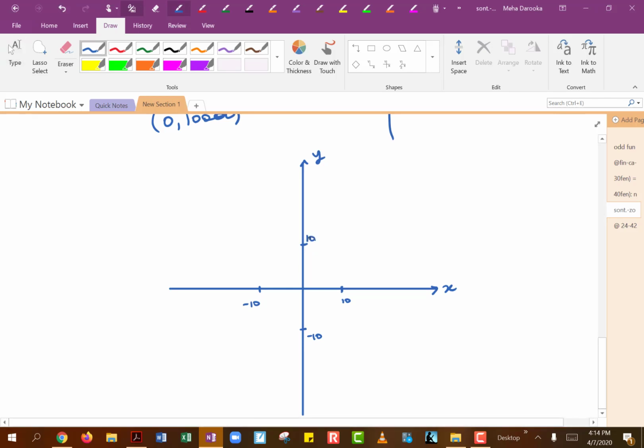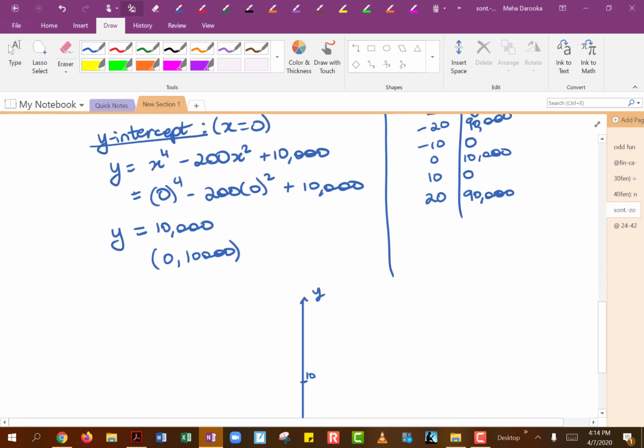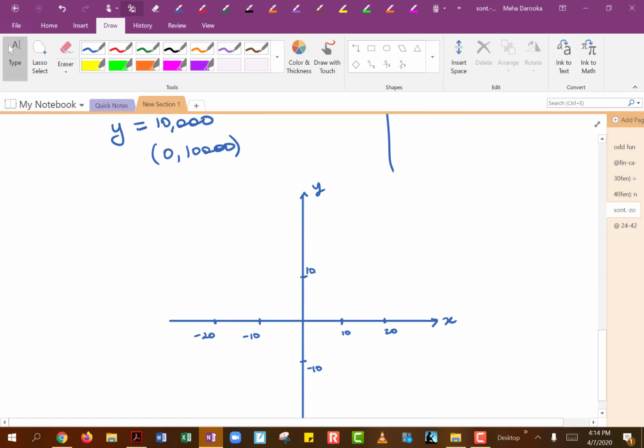Okay, so we're going to break this up into tens instead of going 1, 2, 3. And again, if you wanted to show where your positive and negative 20 is, you can put that in here also. All right, so let's use this table to come up with our graph.